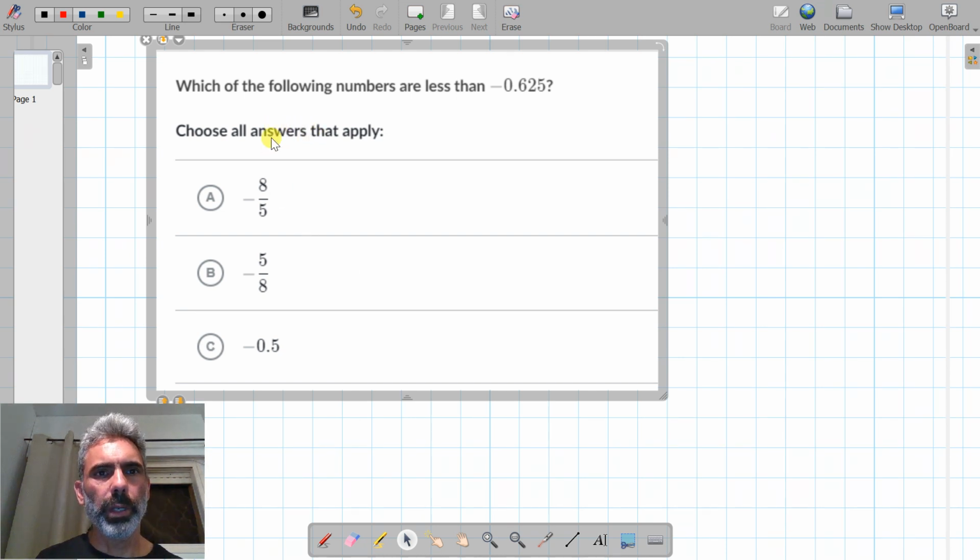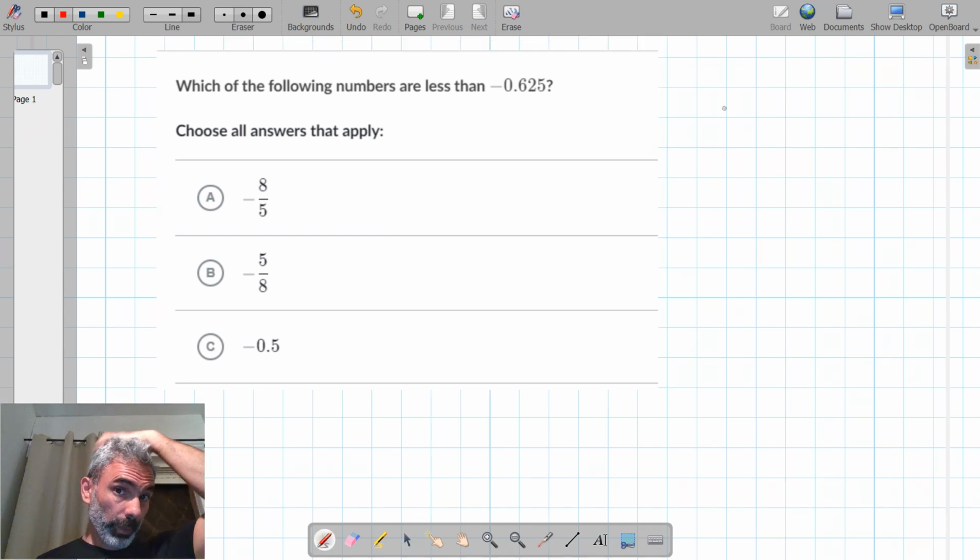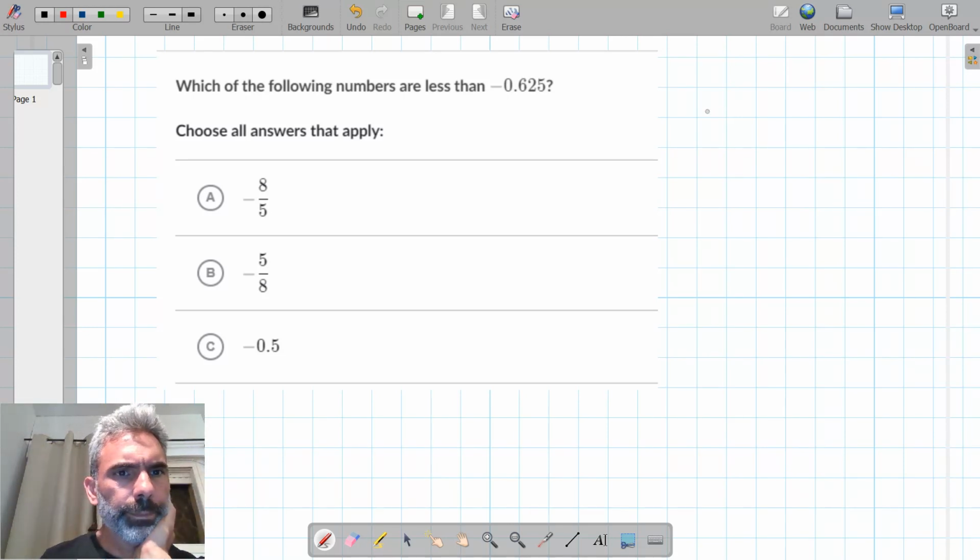Which of the following numbers are less than minus 0.625? Okay, so I have a decimal point, fraction, and another fraction, and another decimal number.